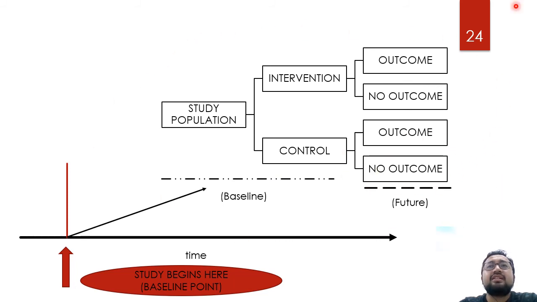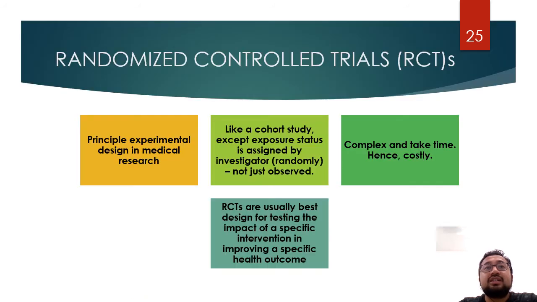So daripada result ni tadi, kita akan boleh kira dia punya sebagai contoh relative risk, nak tengok dia punya macam mana, ada beza tak antara intervention dengan control ni, dia punya keberkesanan dia dan impact dia kepada dependent variable outcome dia. Okay, so randomized control trial, principal experimental design in medical research, like a cohort study except exposure status is assigned by investigator randomly, not just observed.